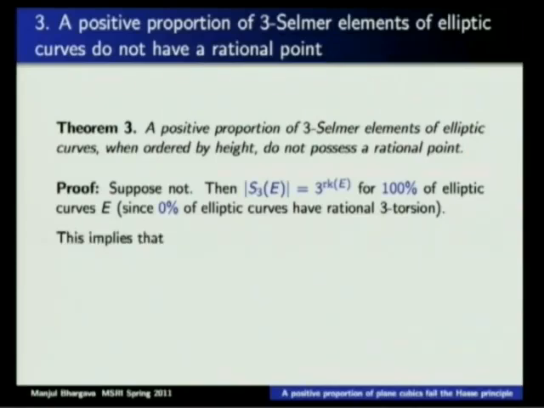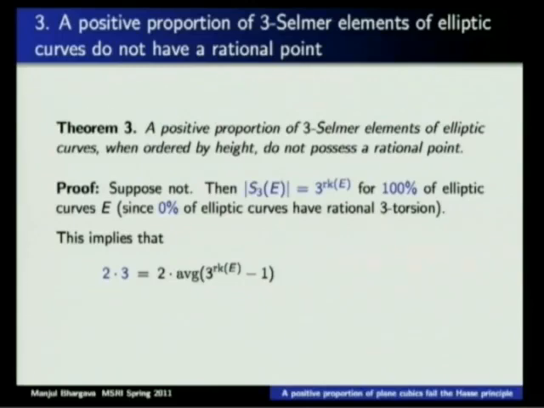And so what that means is that if you take 2 times 3, well, 3 is the average size of the 3-Selmer group minus 1. We're rewriting 3 as the average of 3 to the rank minus 1, because the average size of 3-Selmer was 4. If you subtract 1 from 4, you get 3.